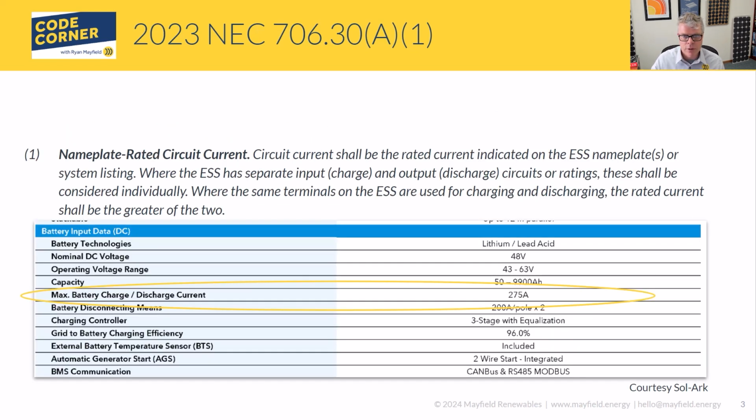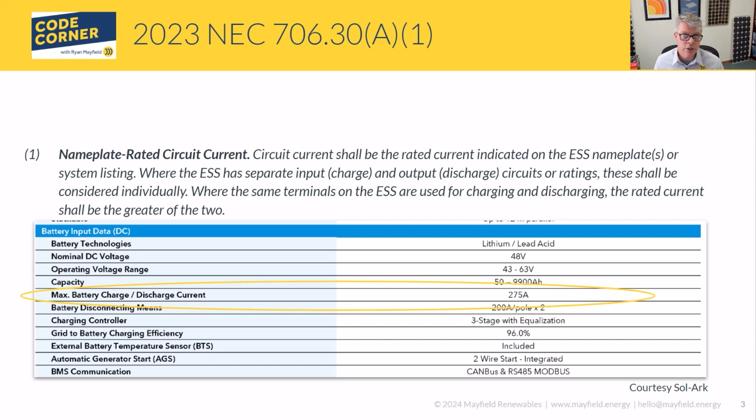So still the same language here on this slide for number 1, really just pointing out where you're going to find that information. In this case, we have a maximum charge and discharge current on this battery system, and you can see it's the same value. So for this inverter from Solark, we are not going to have anything different in terms of charge or discharge currents.